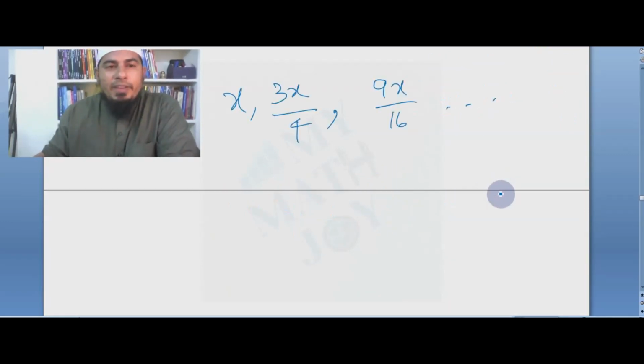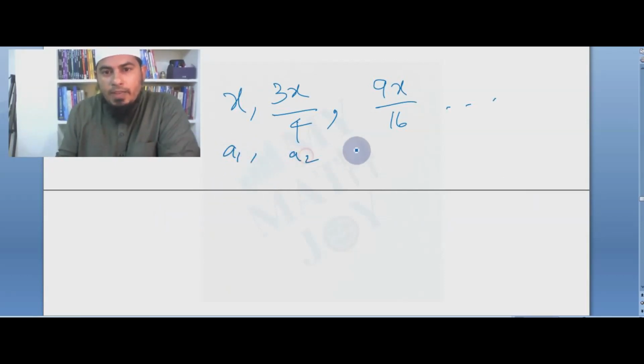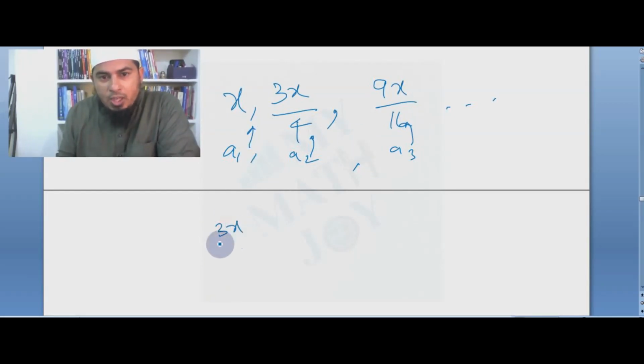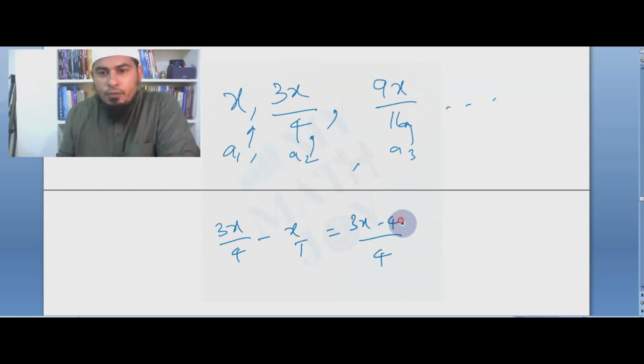Let us check whether we get a common difference or not. So this is my A1, this is my A2, this is my A3. So 3x over 4 minus x will be, if you cross multiply, 3x minus 4x, you'll get minus 1 by 4x.